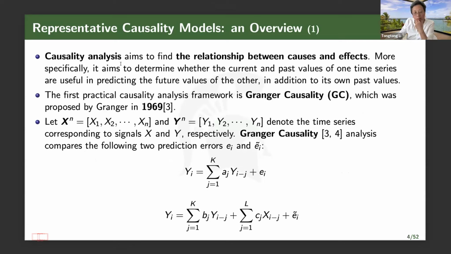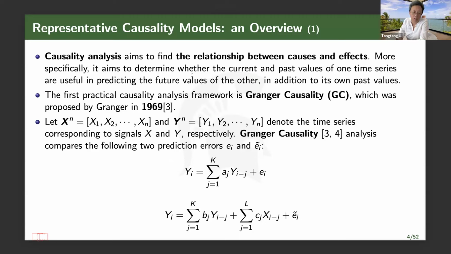Or we can say the original definition is to determine whether the current and past values of one time series are useful in predicting the future values of the other, in addition to its own past values.